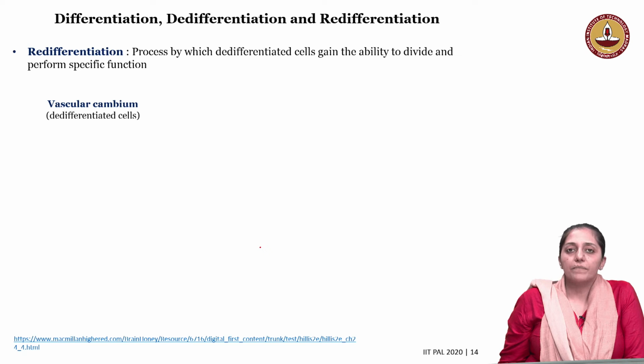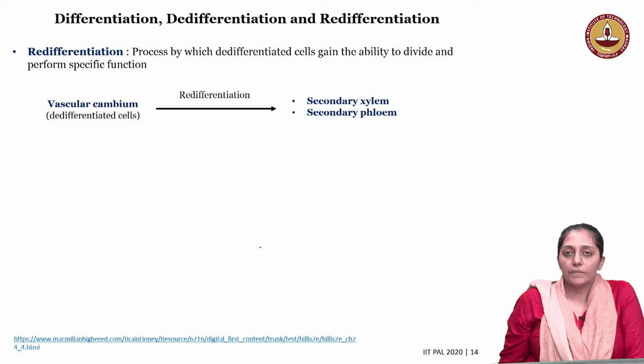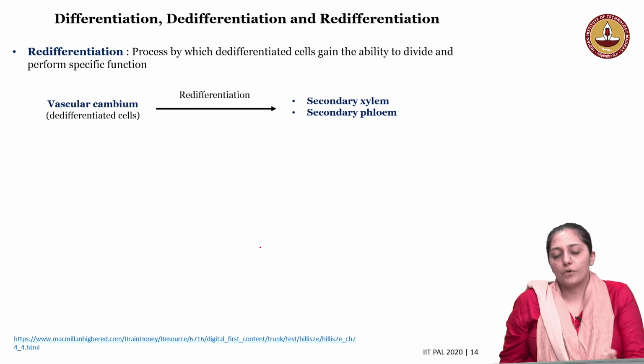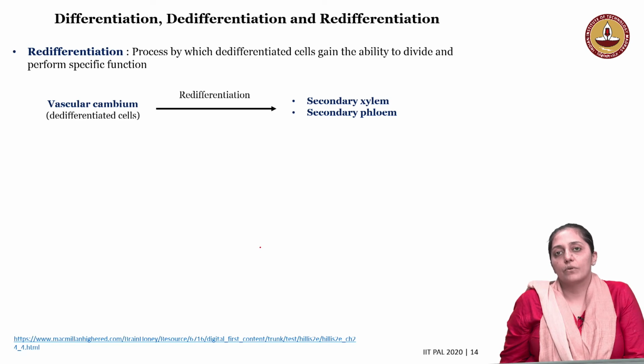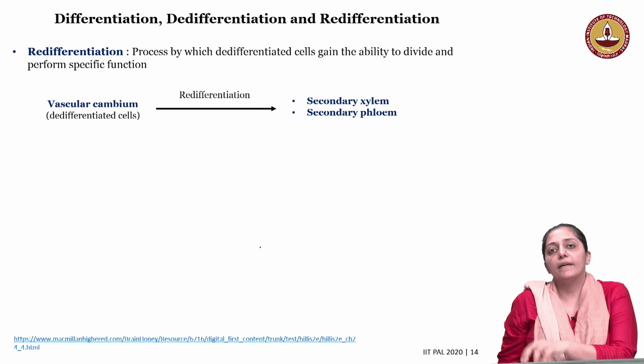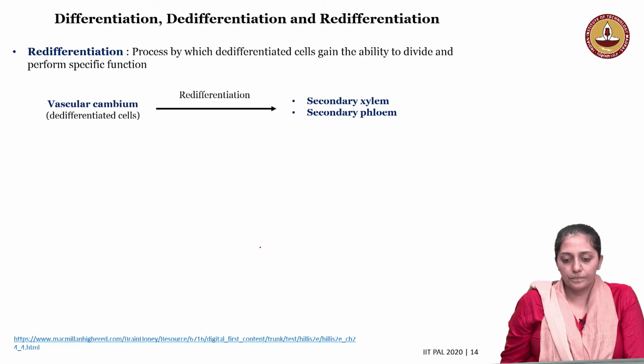So, vascular cambium, which is formed from dedifferentiated parenchyma cells, again gets redifferentiated to form the secondary xylem or the phloem. The example which I quoted in the last slide is a good example to show the process of differentiation, dedifferentiation and redifferentiation.